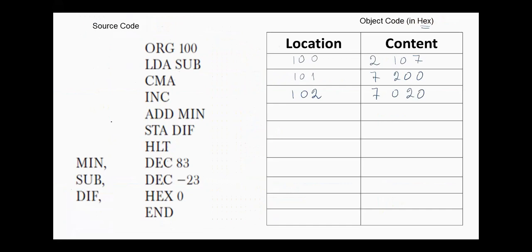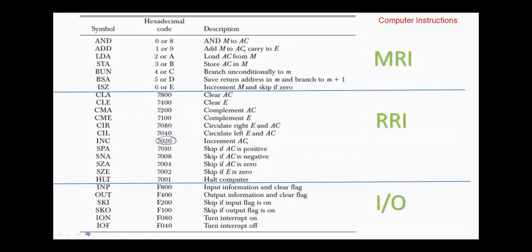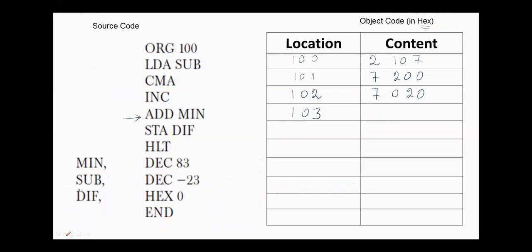The next instruction, add min at location 103. Here we have direct addressing mode, and back to the table, the code for add in direct mode is 1. So we'll have here 1.